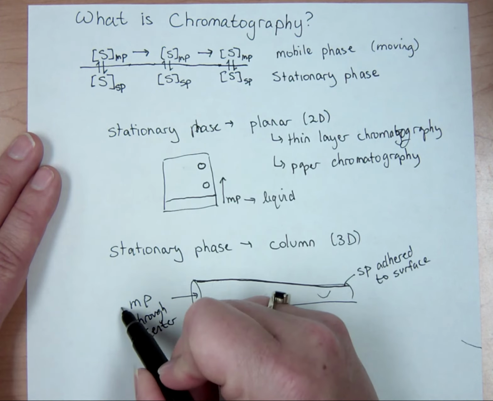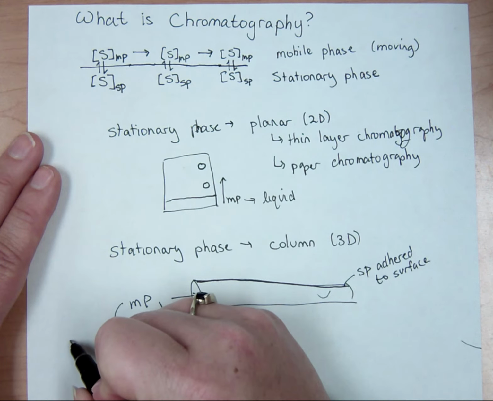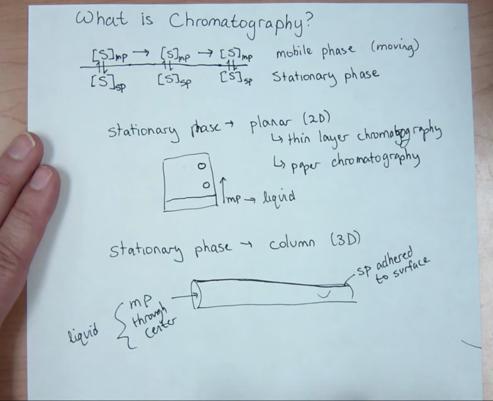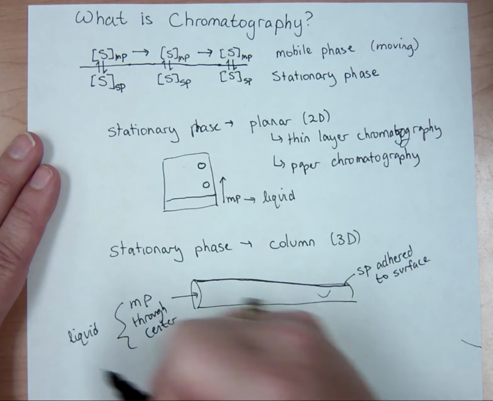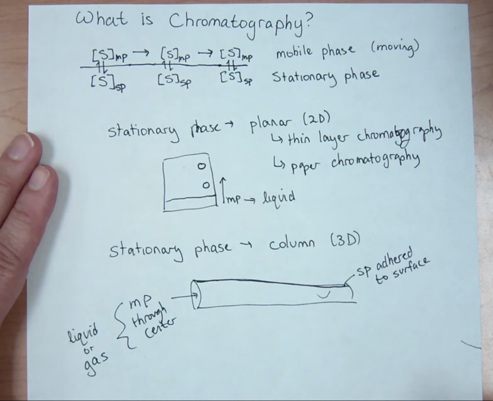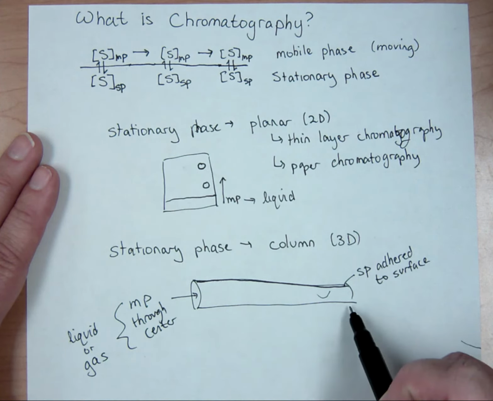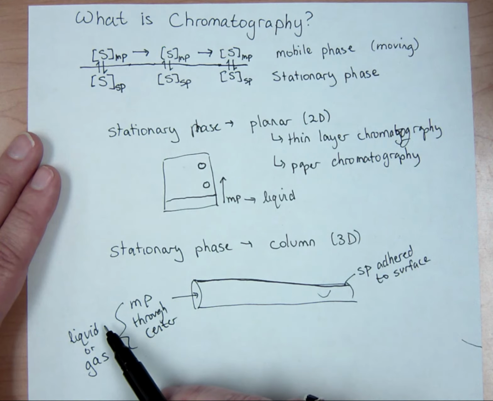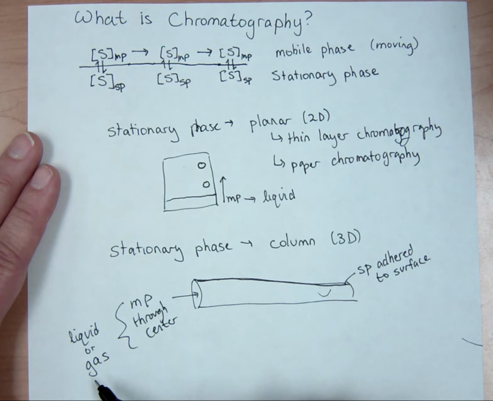The mobile phase here can be either a liquid, like we saw with thin layer or paper chromatography, or it can be a gas. And we'll talk about liquid chromatography, which is traditionally using a column with a liquid mobile phase, or gas chromatography, where the mobile phase is a gas.